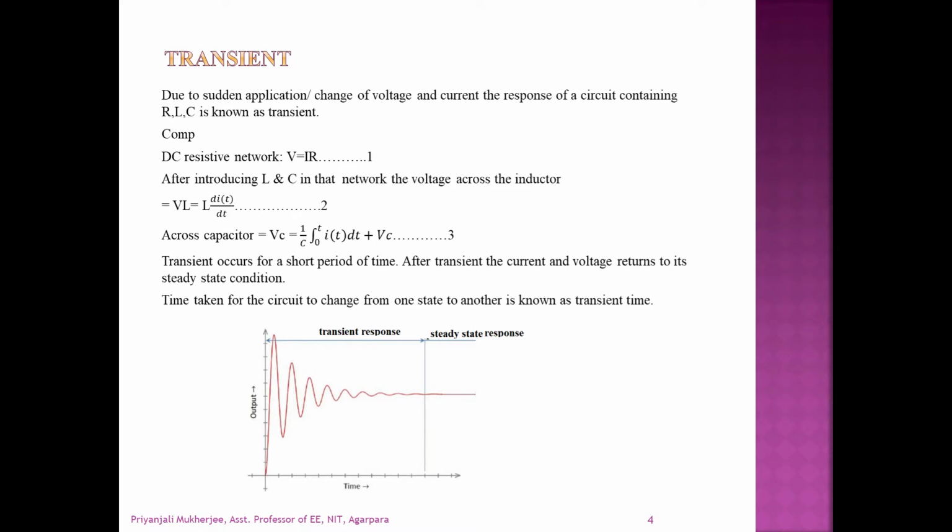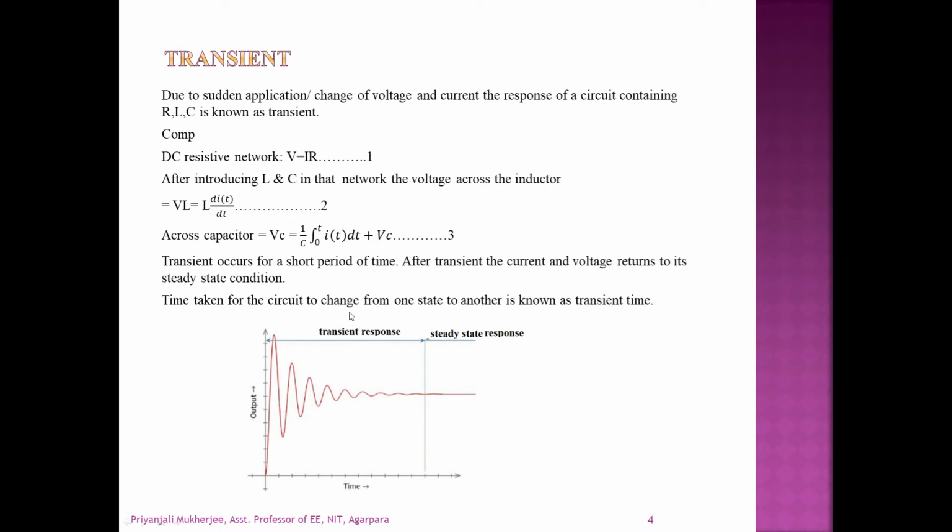After the transient has ended, the current and voltage return to a steady state condition. From this graph we can see that after the switching, or after the application or change in the voltage or current, the response is changing very much up to this region, and this region is known as the transient response. After this the response becomes stable, and it is known as the steady state response.